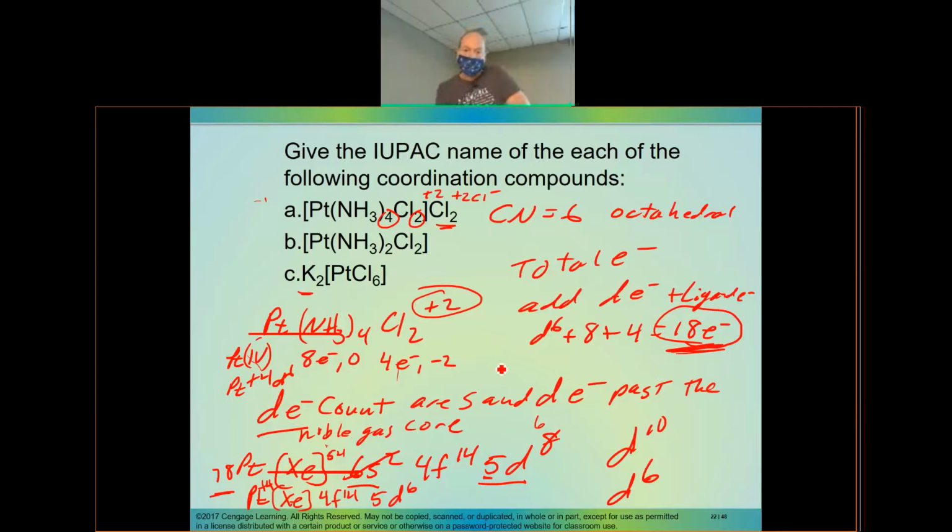Almost every complex that has 16 electrons or 18 electrons is going to be very stable. So we're going to get a lot of 16 and a lot of 18 electron complexes because those are the most stable. You can have any number of electrons, and sometimes they're stable and sometimes they're not. 16 and 18 are usually the stable electron counts.